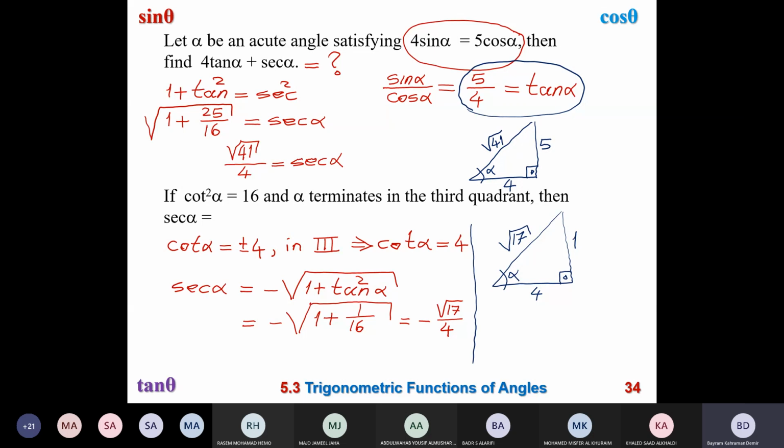Location is the third quadrant, so the sec should be negative root 17/4, not the positive root 17/4. So the triangle does not help you with negative or positive. It makes the calculation easy for you.